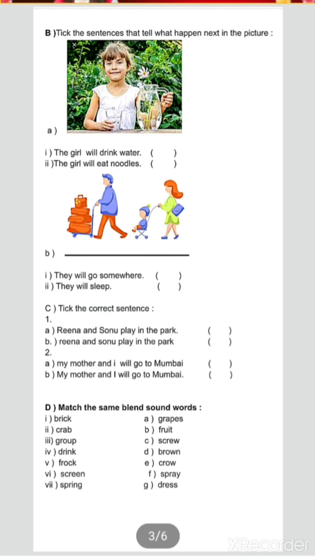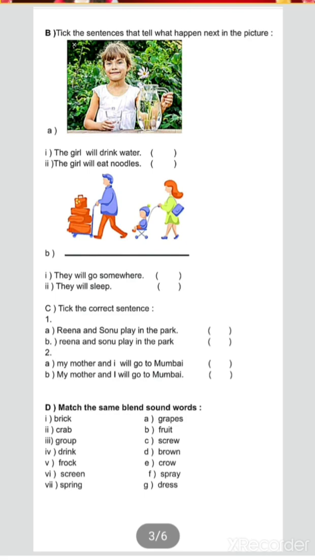Next part is: take the sentence and tell what happened next in the picture. Here is a picture in which a girl is there, with a jug and a glass of water. So think about it by looking at the picture, what is going to happen. Let's see the options.